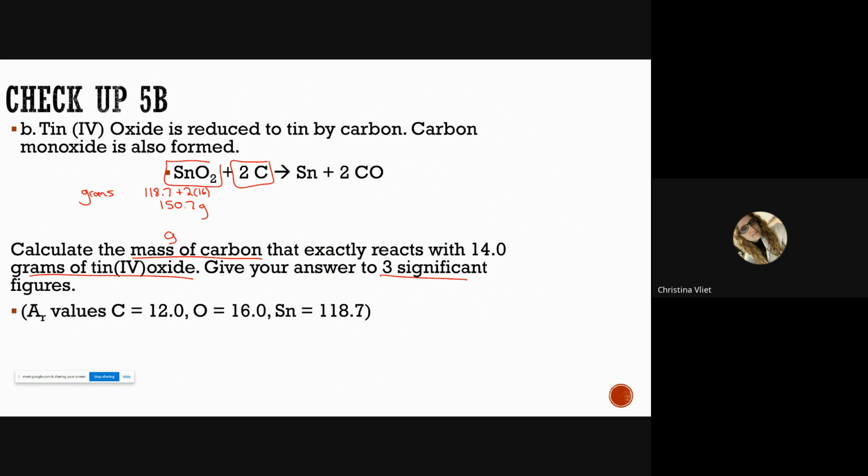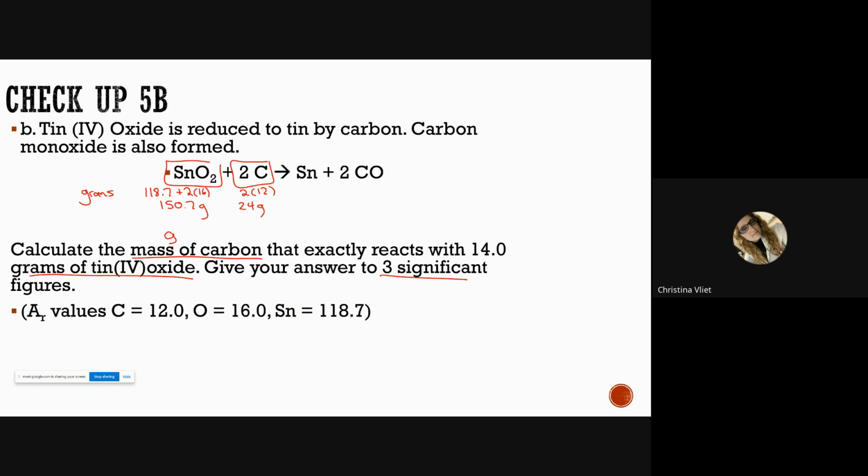And then 2 moles of carbon, what's the amount of grams of that? 24. So 2 times 12, which is 24. So I know that my ratio is that it will require 24 grams of carbon to react with 150.7 grams of tin 4 oxide.